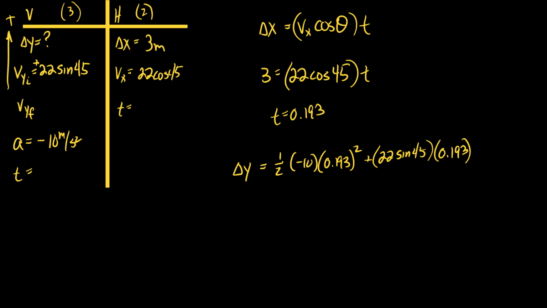I gotta redo this part again, so squared times 5, negative 0.186 plus 3.0023, 2.82 meters.